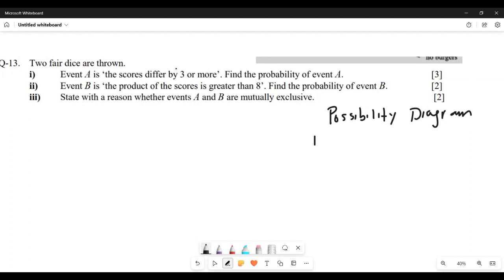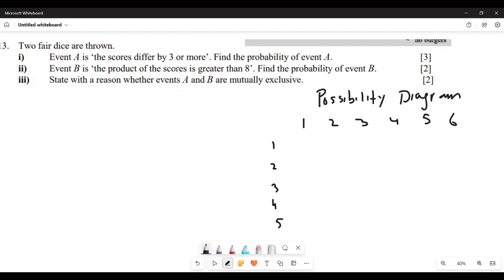So first die could be 1, 2, 3, 4, 5, 6 at the top, and the second die could give 1, 2, 3, 4, 5, and 6 at the top. So that's going to be a total of 36 outcomes, 6 times 6.